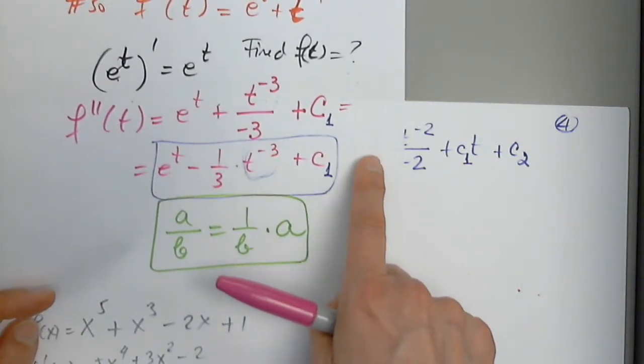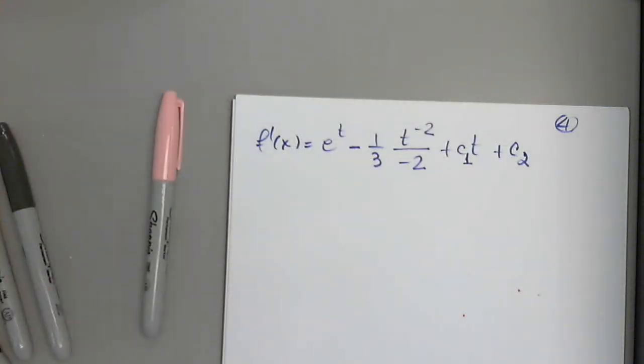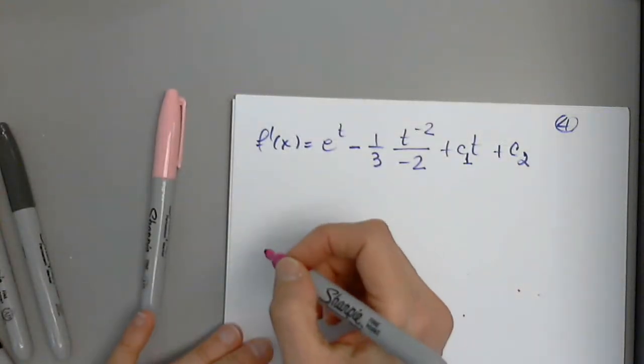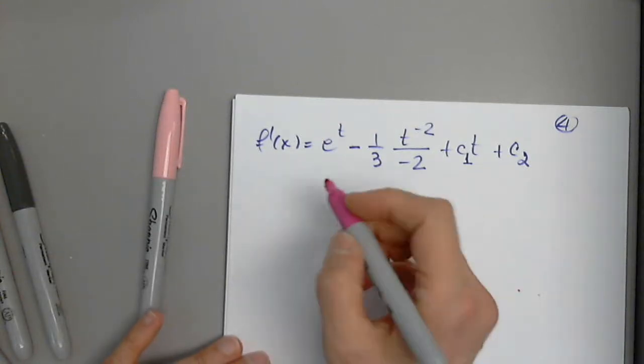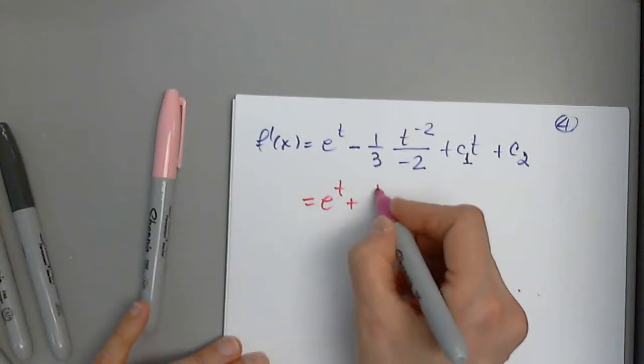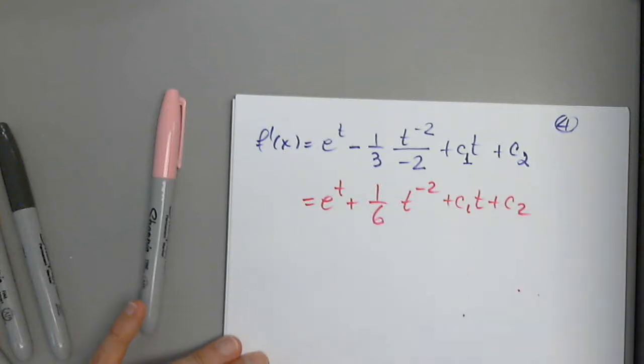And then which function will be 0? It is a constant. When we find the second derivative, because we have the third derivative now, there's one constant. We find the first, there's two constants. And then when we go one more, we'll need three. Absolutely. So now this will be e to t plus 1/6 t to negative 2 plus C1t plus C2.